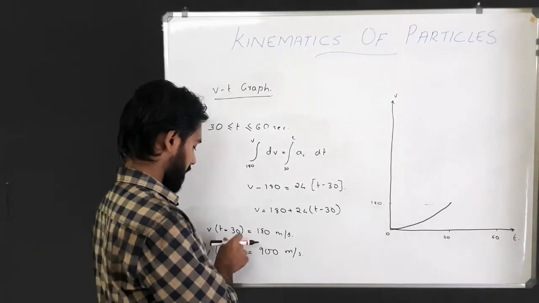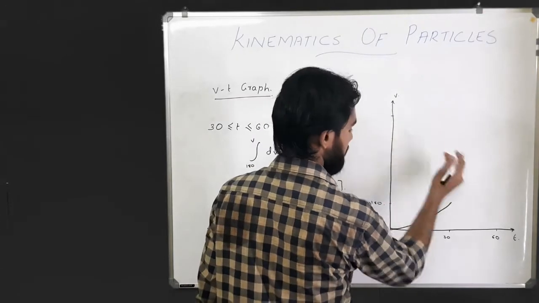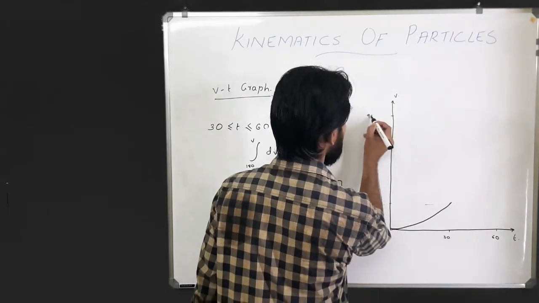So at t equals 30, you have here 180. At t equals 60, you have here 900.